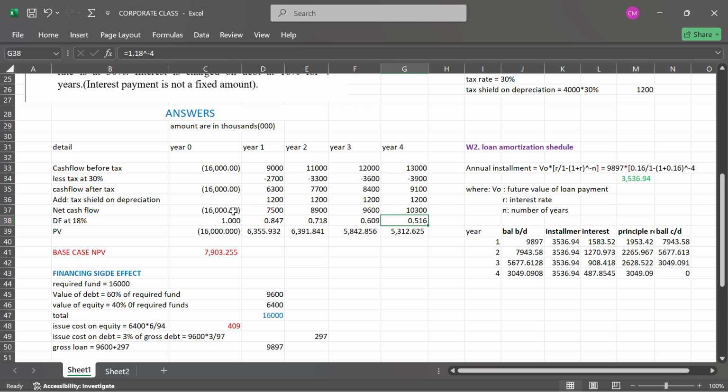So year 0 still no change. It is still 16 million. Then year 1 will be equal to 6,353.932.